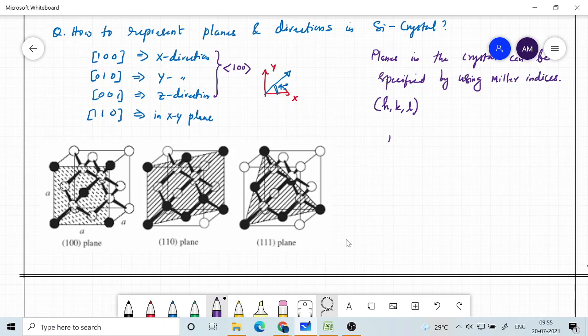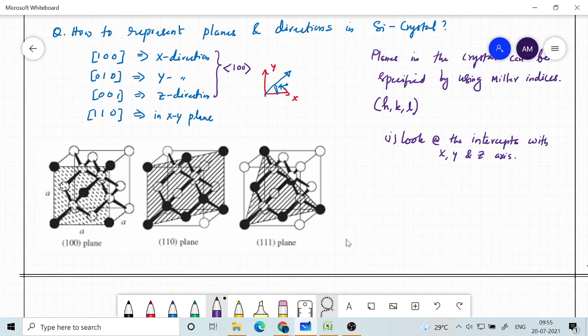Number one, look at the intercepts with the x, y and z axes. For example, consider the first plane.